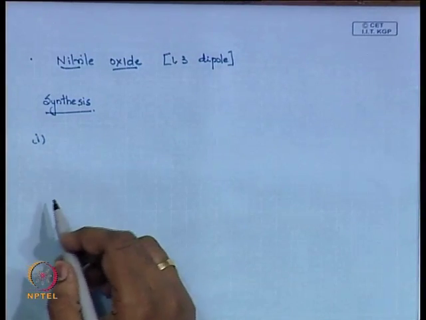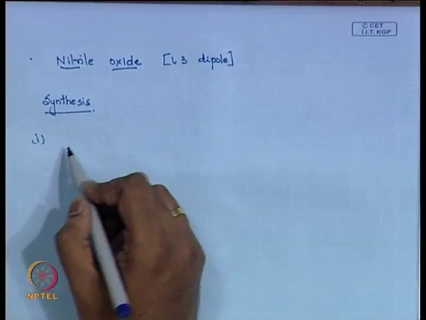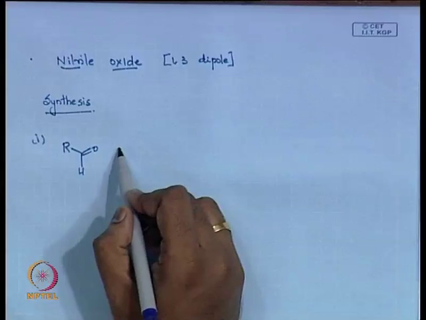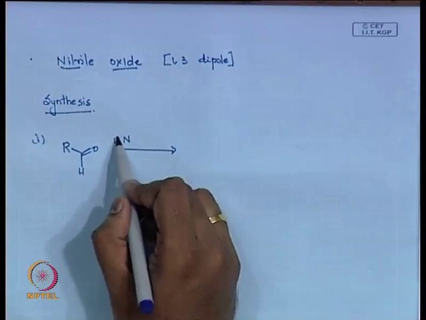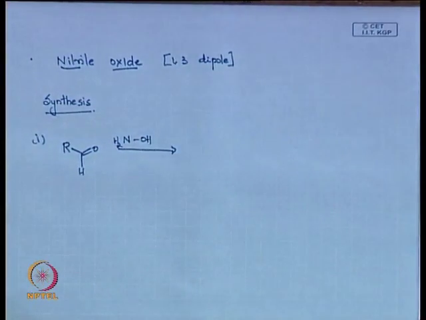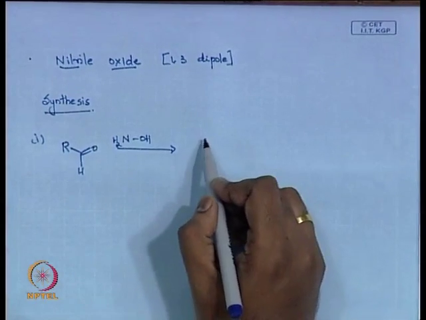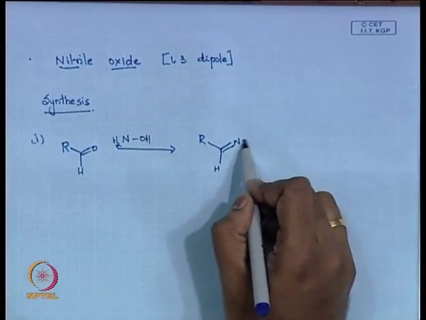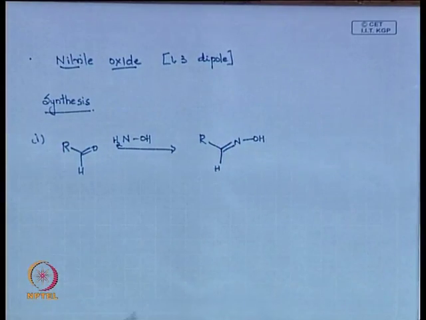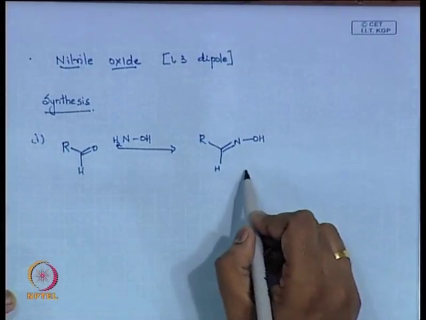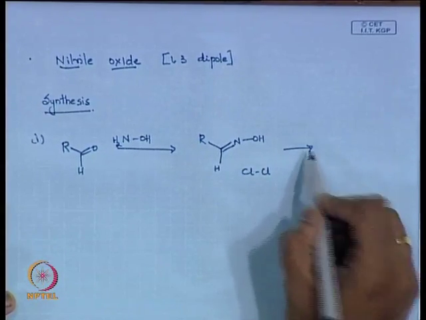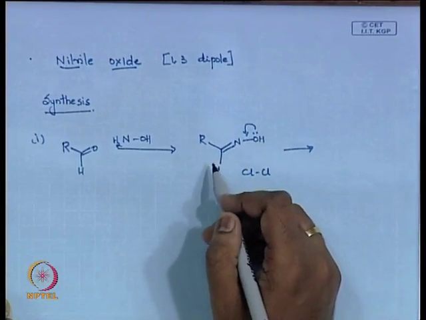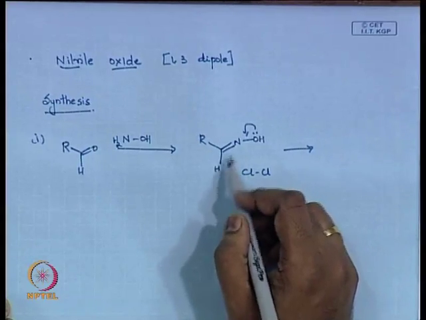Any idea? Same way you were taught about your nitrones. You can take your aldehyde with hydroxylamine, right. So, you get an oxime type of system. Now, you can use N-chlorosuccinimide or chlorine, fine.